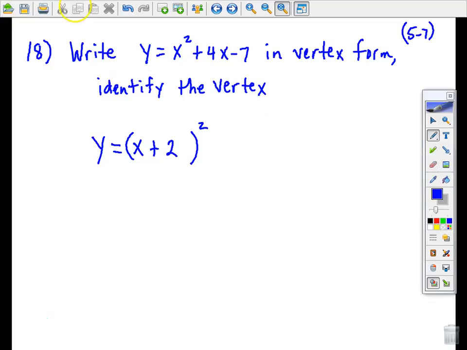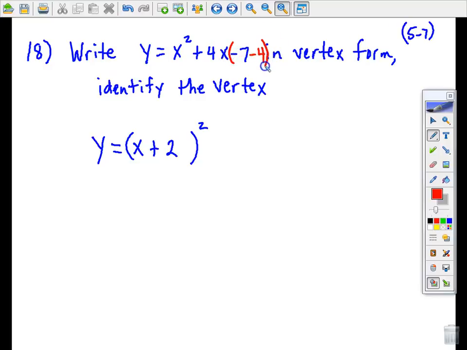Now, we'll change some color here. What I'm going to do next is take this number in the parentheses and square it. 2 squared is 4. And I'm going to come up here to standard form, and I'm just going to subtract that number that I had in the parentheses squared. 2 squared, always subtract.